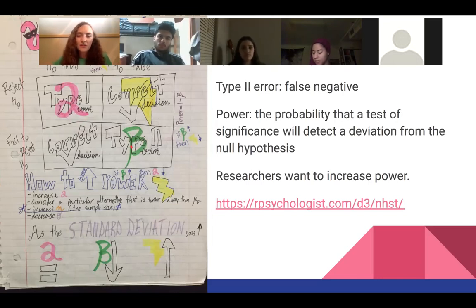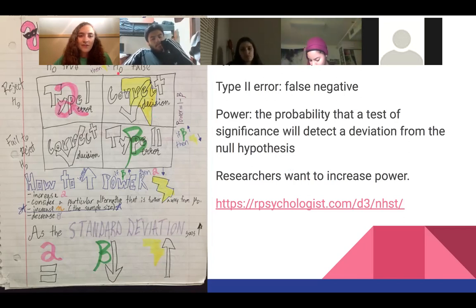So another thing that researchers always want to do in their papers is increase this thing called power. So power is basically when the null hypothesis is false and you reject the null hypothesis. So it's the correct decision. There's different ways to increase power.